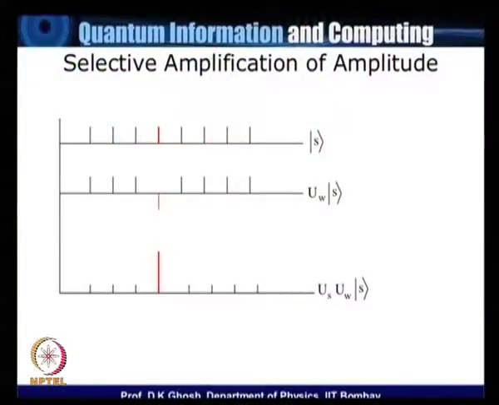I had taken the specific case of 8 and did the calculation, which is trivial to calculate, and had seen that after one Grover iteration, the amplitude becomes 5 times the amplitude of each of the members of the standard state.